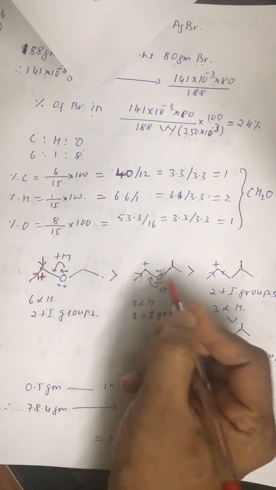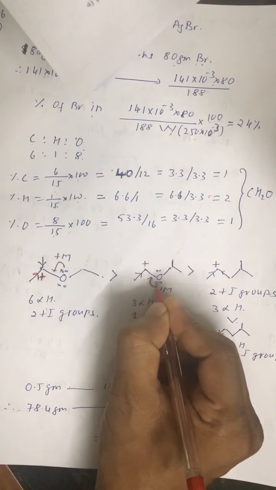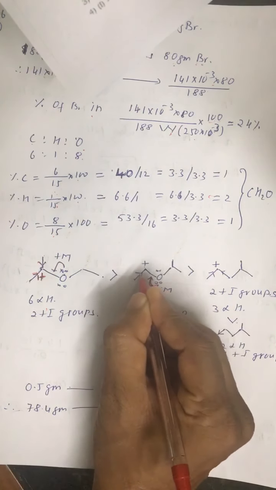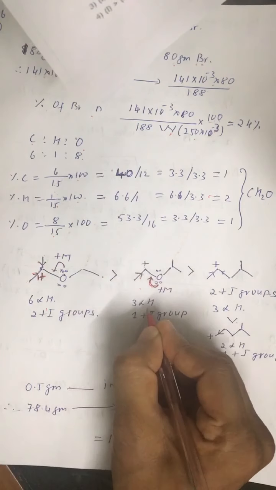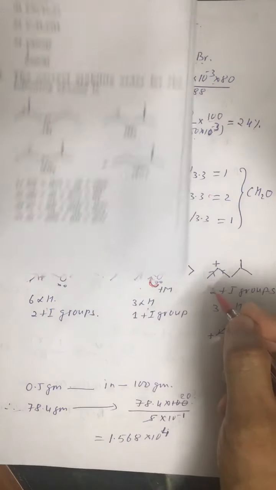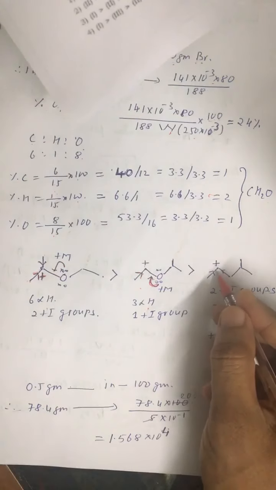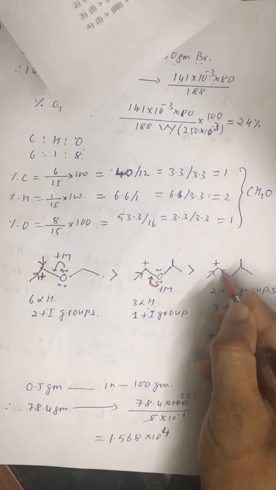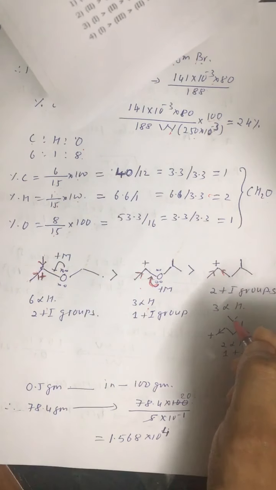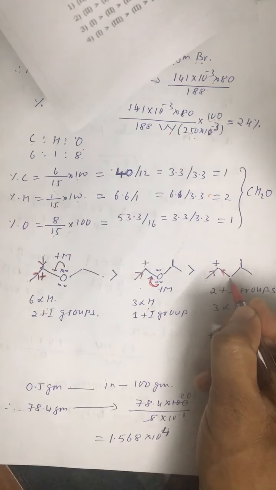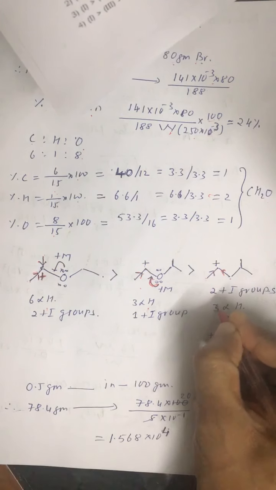Then the next one is the third one. This positive charge is stabilized by this plus M effect, then this plus I effect and 3 alpha hydrogen. Then the next one is the second one. This is stabilized by 2 plus I and 3 plus 2, 5 alpha hydrogen.